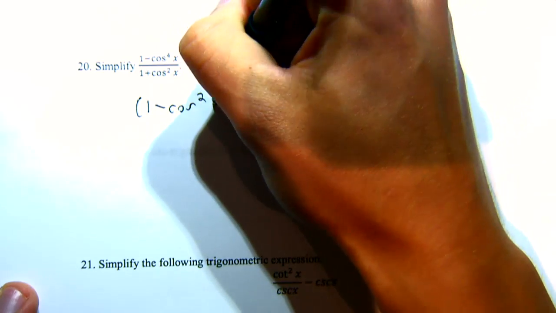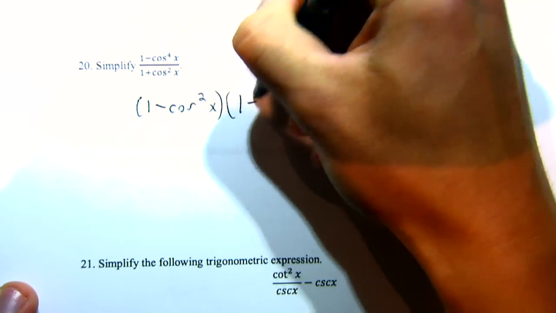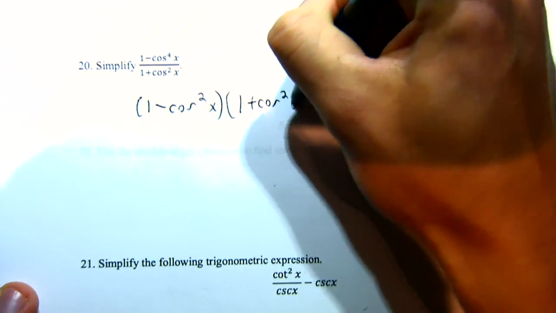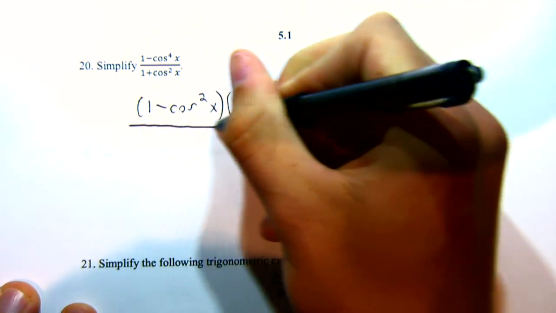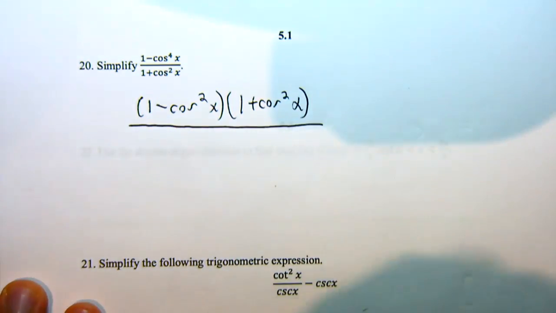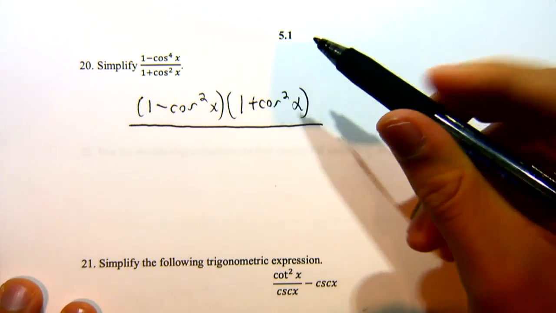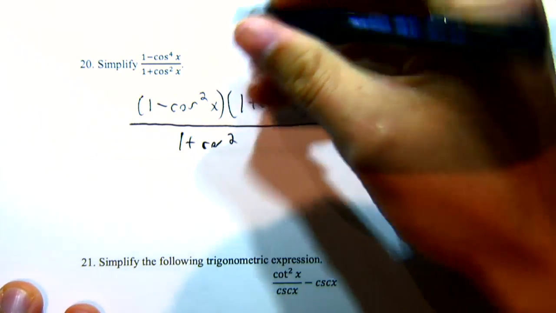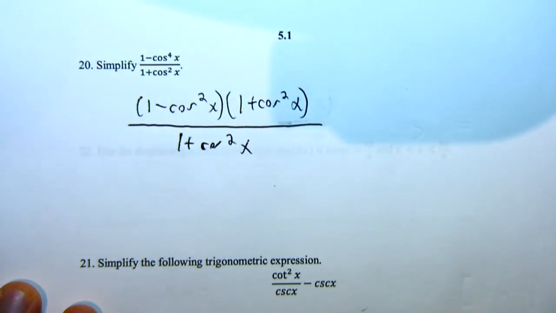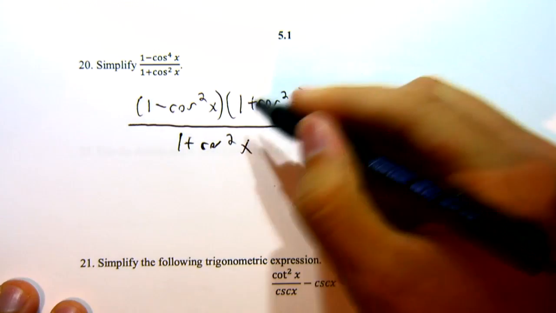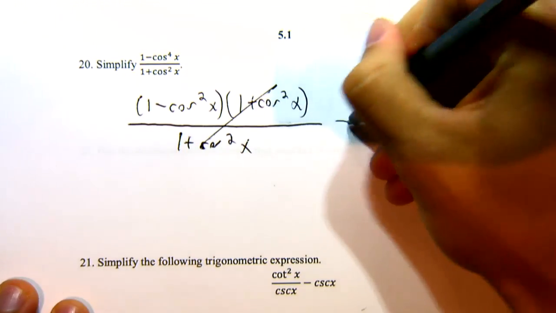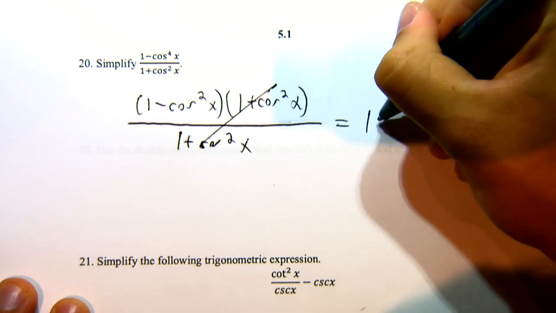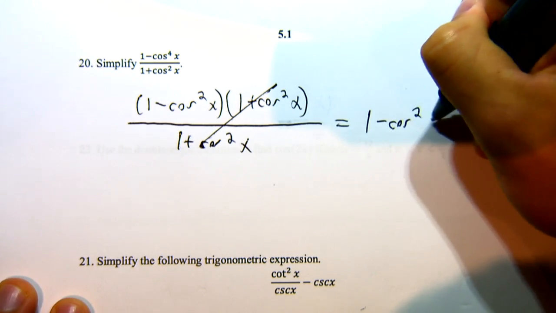So this becomes 1 minus cosine squared x, 1 plus cosine squared x, and then we have 1 plus cosine squared x, so now these cancel, and we're left with 1 minus cosine squared x.